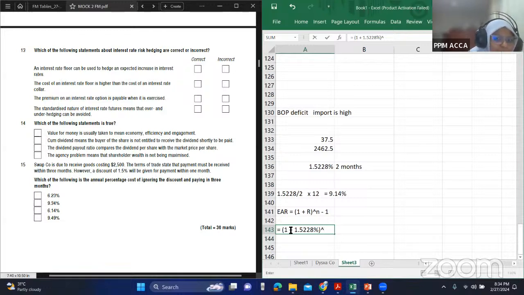To the power n means how many periods. If you're talking about 2 months, the number of times you have to do that 2 months in a year is 2, 4, 6, 8, 10, 12. So you have to have that 2 months 6 times, only then you will get 12 months. So that will be to the power 6, minus 1.